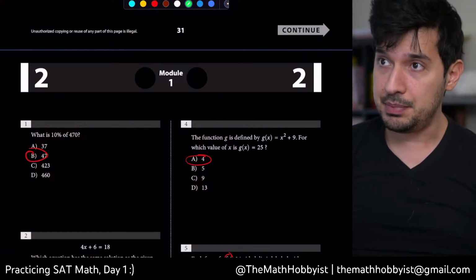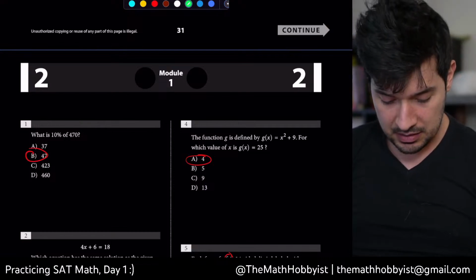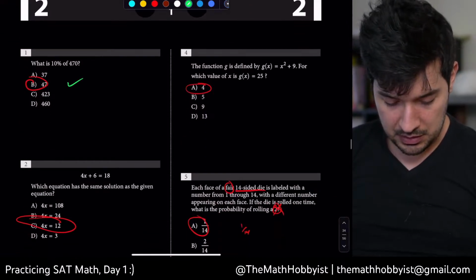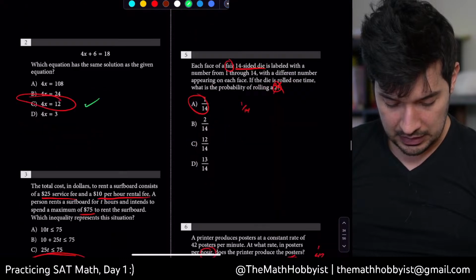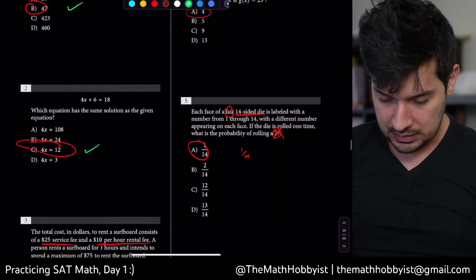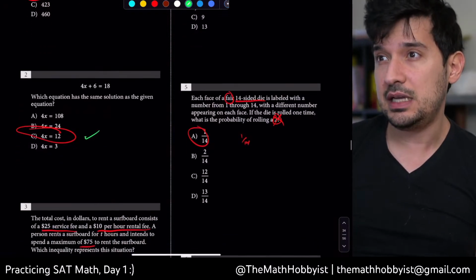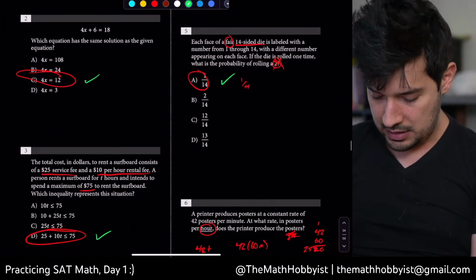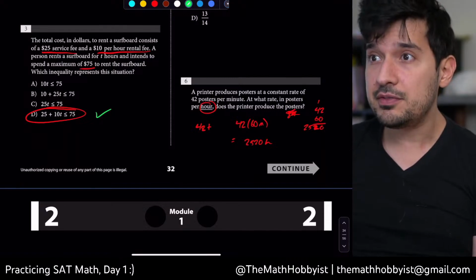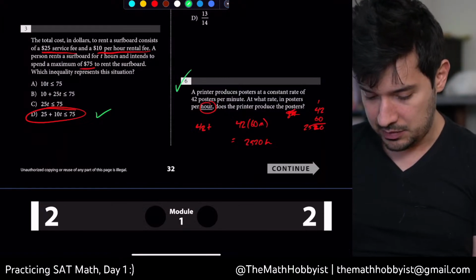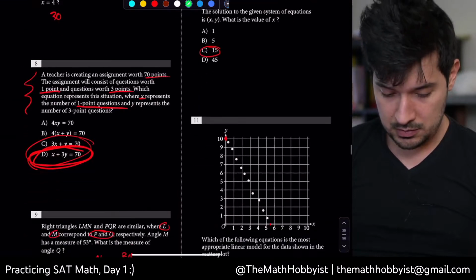So we've got B, C, D, A. All right. We got this one. B, C, D, A. All right. 4 for 4 so far. B, C, D, A. 25, 20. Yeah. We got 6 in a row.